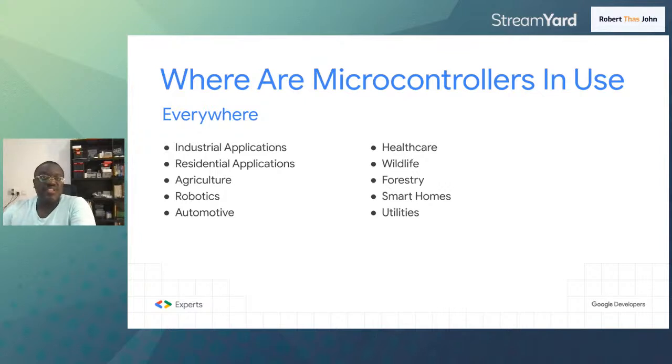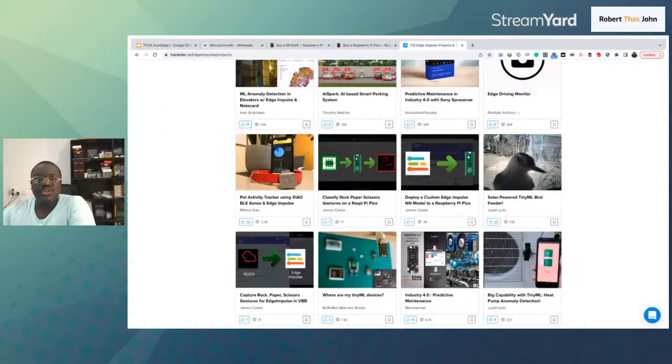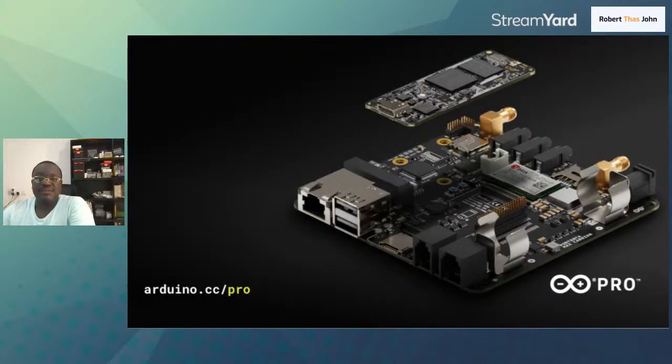We have them in automotive, healthcare, wildlife, forestry, smart homes, and in utilities. On this screen, you just have examples of projects that people are doing as individuals that utilize microcontrollers. But on this screen, they are all projects that specifically embed machine learning into them. So that's just an example of where people are using these things.